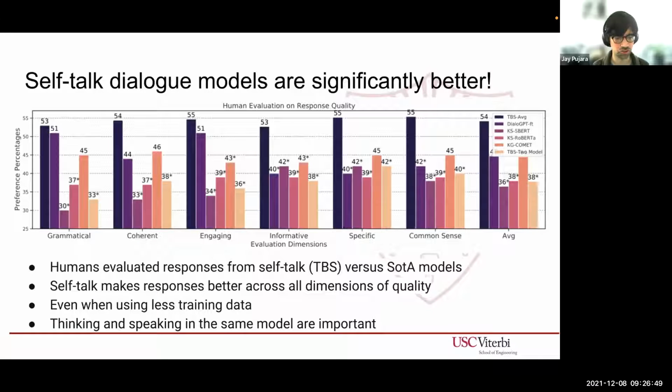And in some cases, we've actually trained response generation models using this knowledge, using the correct response, and we still do better. And so this is a really great result to say, actually modeling this process of inferences allows better response generation using less training data, because not all dialogues have common sense. And then the last thing I'll point out is that the slide on the very right is when we train two different models, the thinking model and the speaking model.